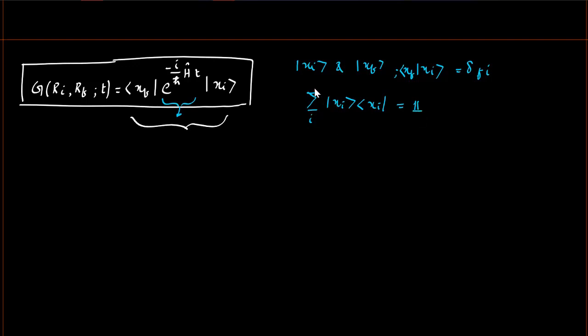Here I start from 1 to n. Okay, so this is in the discrete representation, and in the continuous representation I should write the integral of dx |x><x| equal to 1, and this is true for any kind of these position vectors, especially in this part.